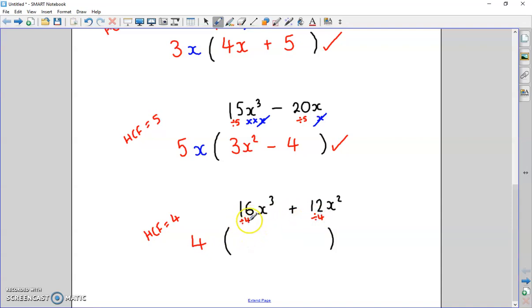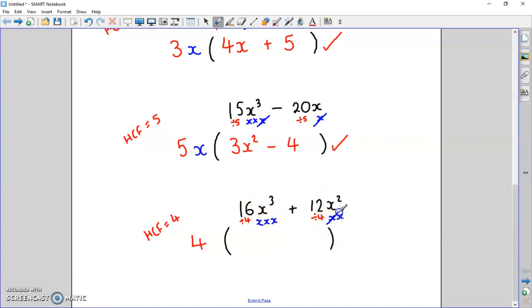Underneath here, it gets a bit messy. Let's have a look at these letters. Right, we have x cubed, x times x times x, and x squared, which really means x times x. Now, we have to take equally from both, but we want to take as many as possible. So how many can we take this time? We've got 3 here, 2 here.